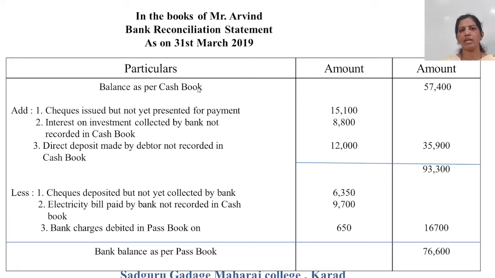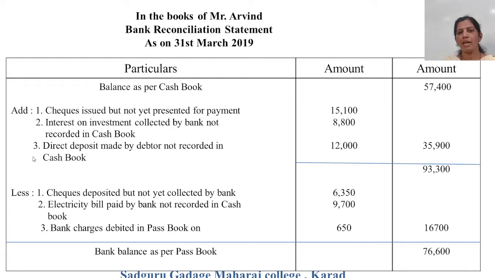Balance as per cash book shows the debit balance of cash book, a favorable balance. Balance as per passbook is also a favorable balance, the credit balance of passbook. Overdraft as per cash book means the credit balance of cash book, and overdraft as per passbook means the debit balance of passbook.